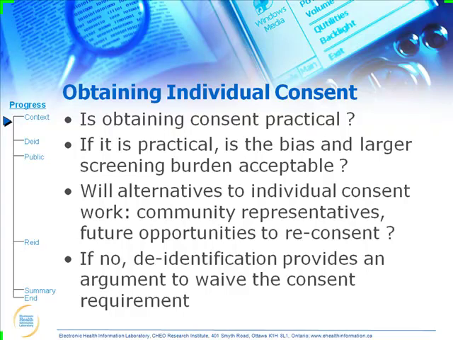There's an overwhelming amount of evidence that if you seek consent, whether it's opt-in or opt-out consent, consenters and non-consenters differ on age, sex, level of education, where they live, rural versus urban, whether they speak the language, and income. A number of very important characteristics differentiate consenters and non-consenters, which essentially means that you have a biased sample.